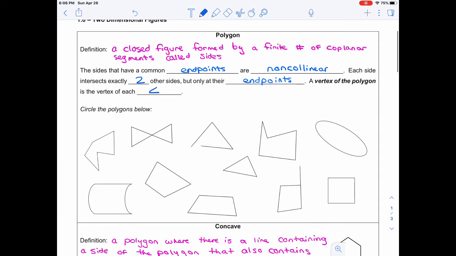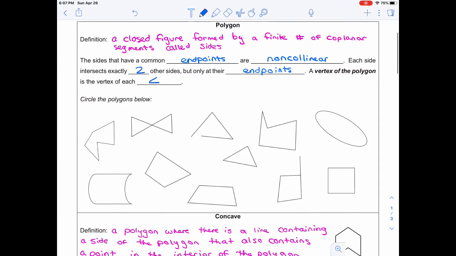So using that specific definition here, we have to circle the following polygons. So remember, it's basically any time that we're not having lines intersect anywhere other than endpoints and we have straight lines. So I'm going to suggest you pause the video here and see if you match what I do, but I'm going to go ahead and start circling these here.